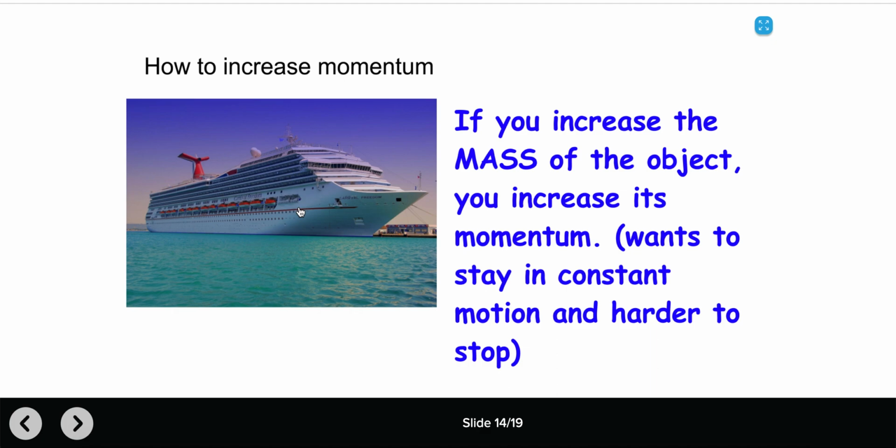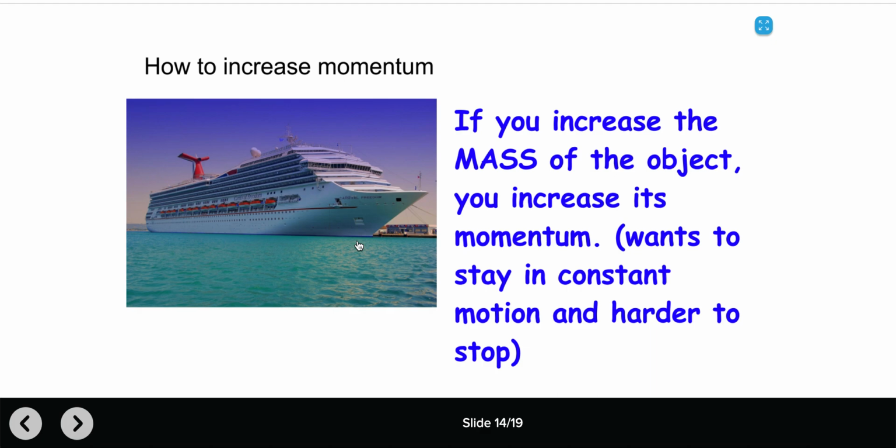Let's pretend that this cruise ship is just going 5 miles an hour. If you were to try to stop this ship with your bare hands, it's not going to go well. It's not going to be pretty, especially if you're in the water. It's just going to roll on top of you and push you under that water. But if you have a little dinky fishing boat cruising at you at just 5 miles an hour, I think you might be able to stop it, especially if you can reach the bottom of a lake and push it back.